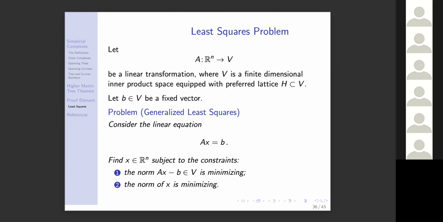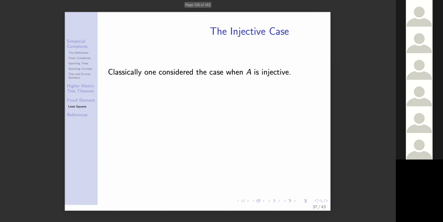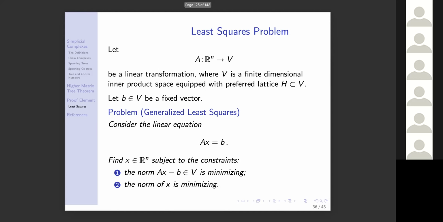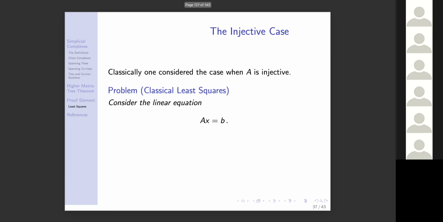A is an injective homomorphism. So what that means in that case, it turns out the second constraint is not important.